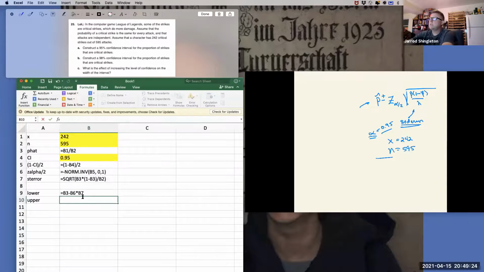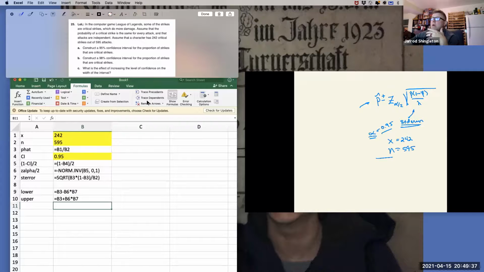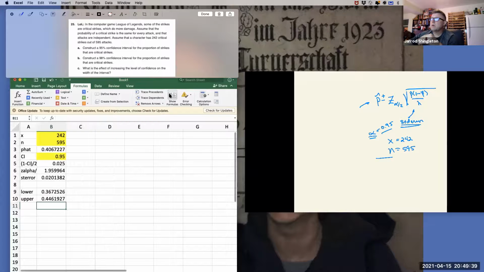This one is going to be p hat plus z alpha over 2 times the standard error. Now I have everything all set, and if I take a look, bam, here's my p hat, 36% and 44%. That's a pretty wide margin, but this is your 95% confidence interval for the true proportion of critical strikes in League of Legends.